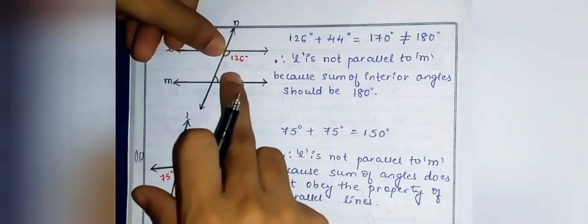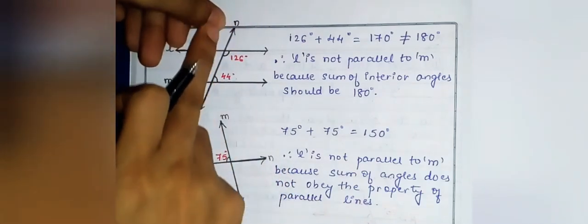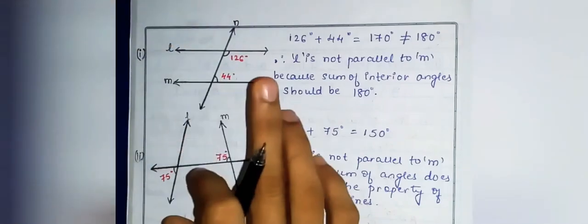Now these both angles, if we see carefully, are lying on the same side of the transversal. Transversal के same side पे है, right?